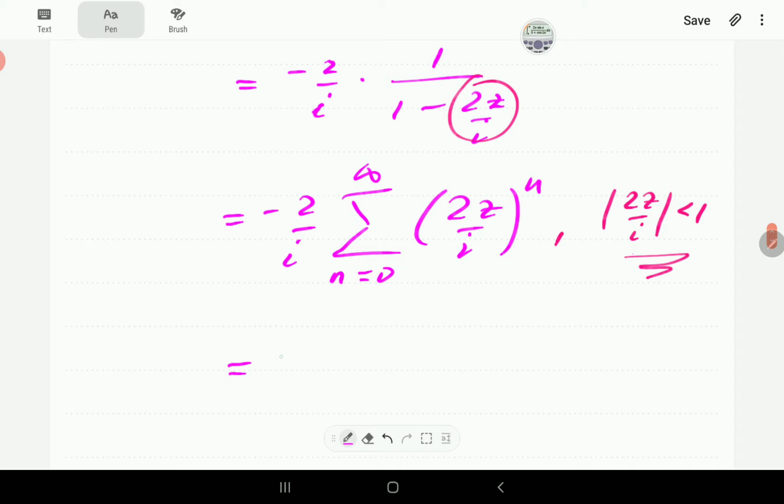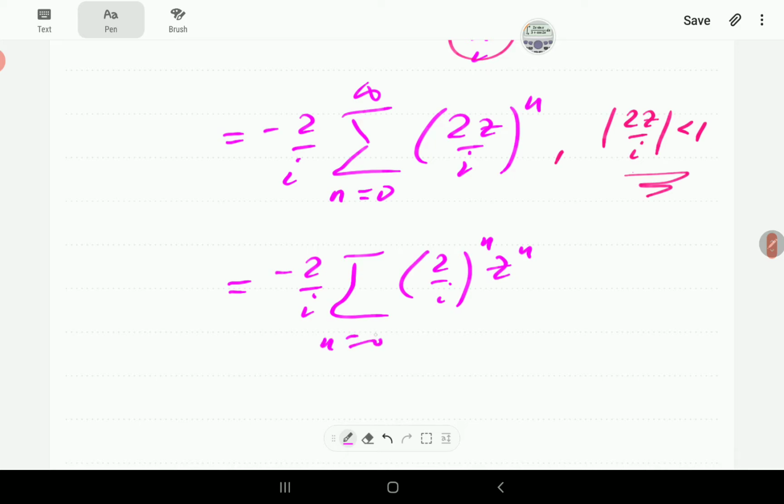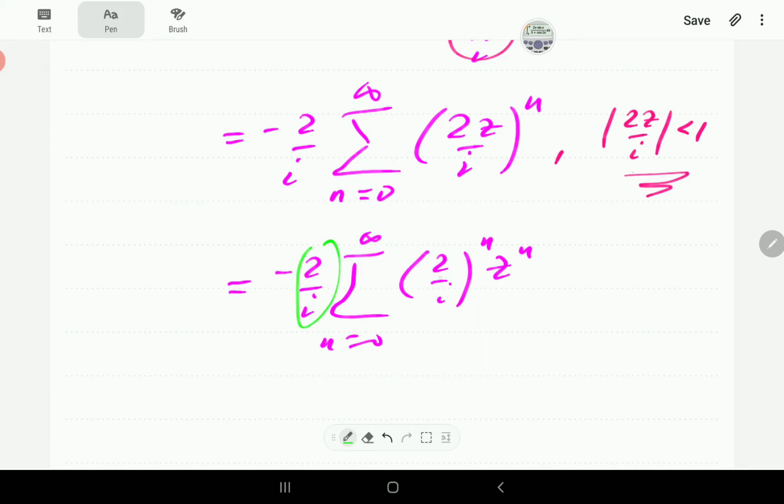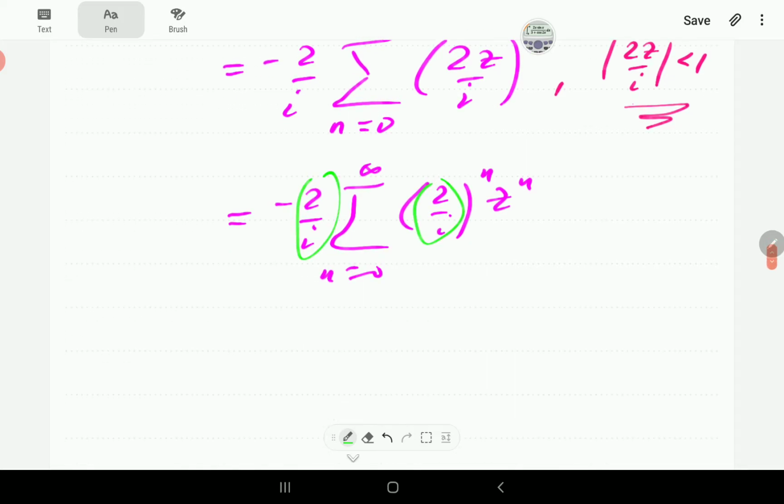So we've got here negative 2 over i into the summation of 2 over i to the power n z to the power n, and then you can see that we have got like terms in terms of this and this. So we're just going to bring those together.